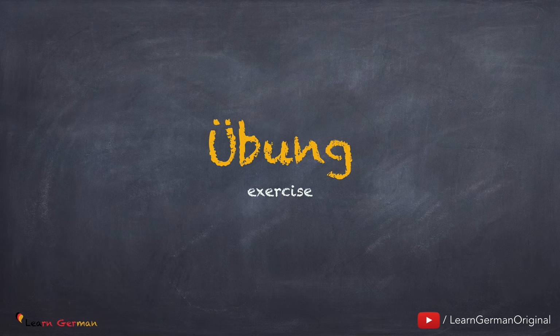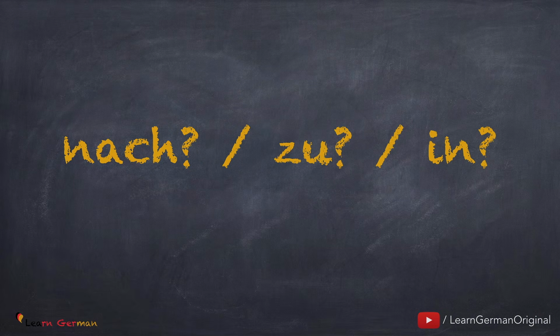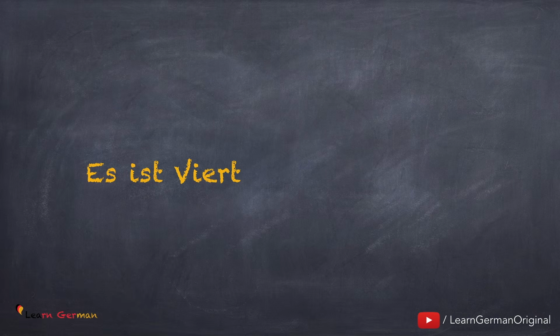Now let's do an exercise to see how much you have understood. Übung. You have to fill in the blanks with nach, zu oder in. Don't forget to ask wo oder wohin and use the article accordingly. Here's the first one.